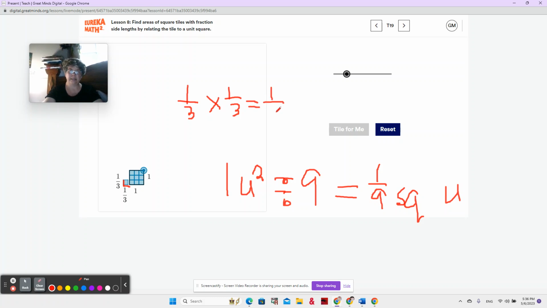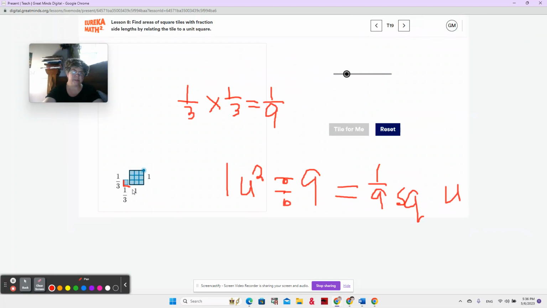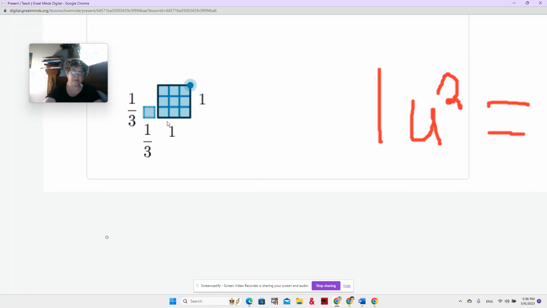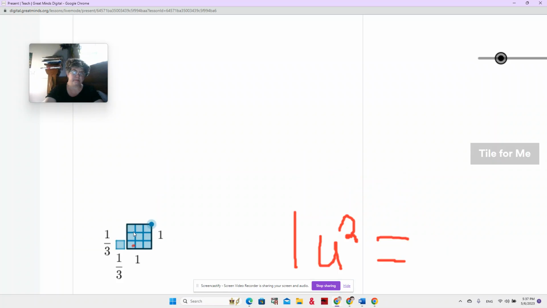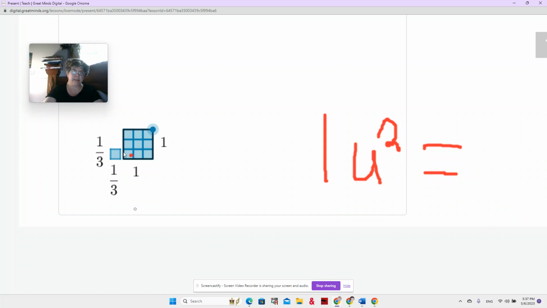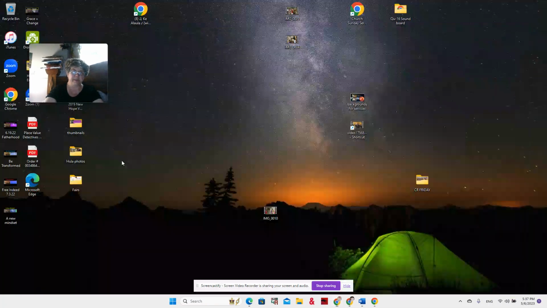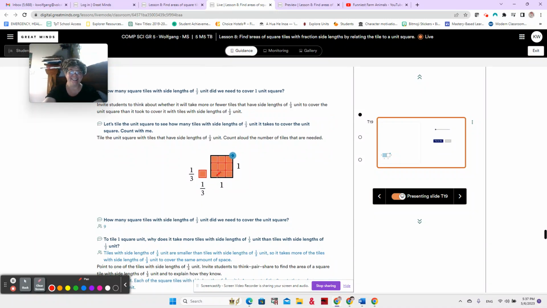So this one little square, if I color in that one square, then that would be 1/9 of my total square, right?